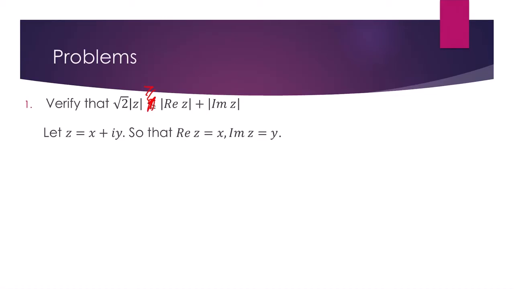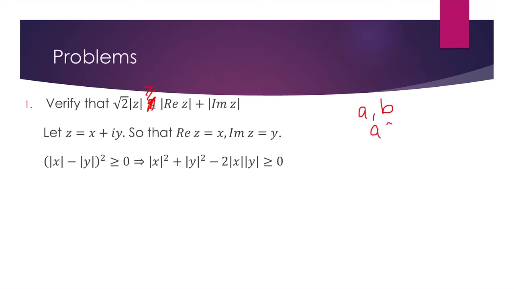Simply write z is equal to x plus iy, so that real part of z is x and imaginary part of z is y. So we know that for any real number a, a square is greater than or equal to 0.